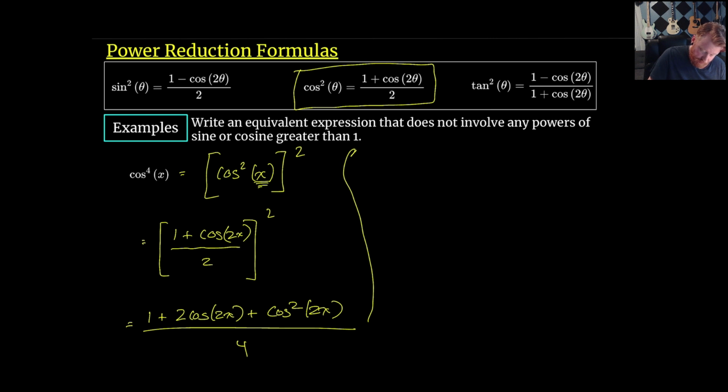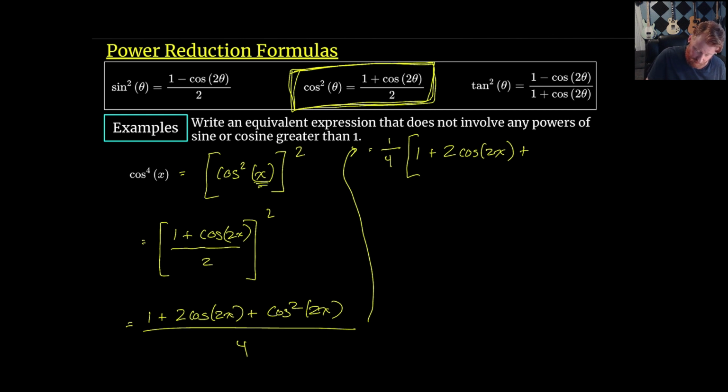So let me rewrite this up here. As I write this, I'm going to just pull a 1/4 to the front. That way I don't have to worry about rewriting this denominator every time and making things more difficult than they need to be. On the inside here, I'm going to have 1 plus 2 cosine of 2x plus, and now I'm not going to write cosine squared of 2x, but I'm going to make the substitution using the power reduction formula.